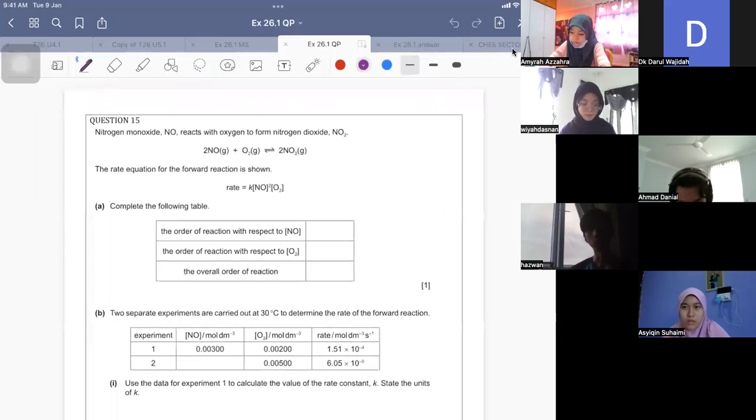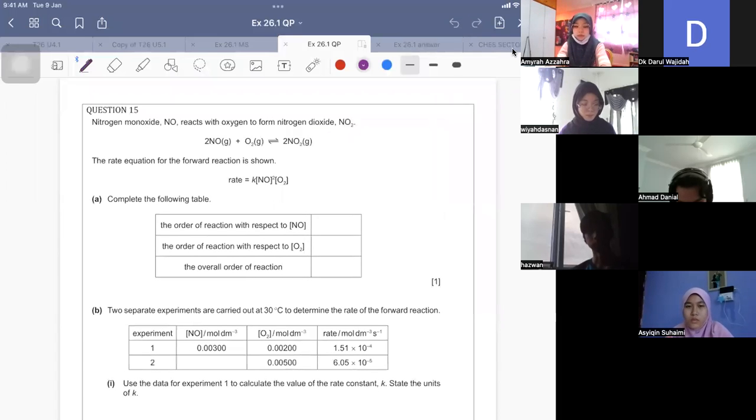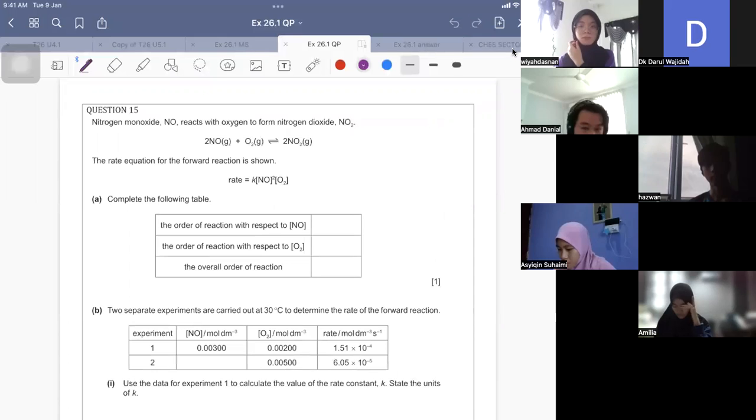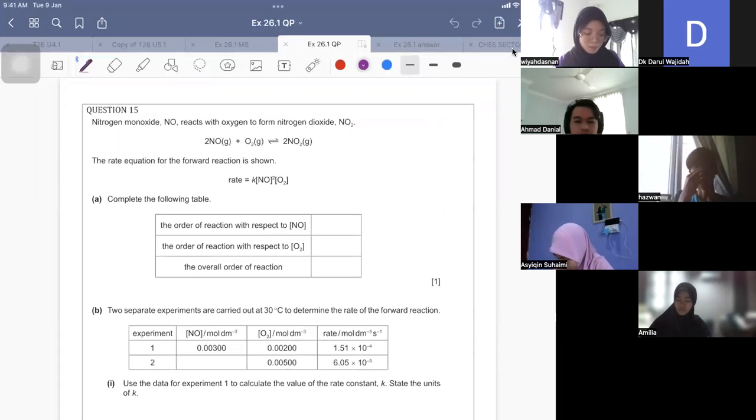Bismillahirrahmanirrahim. So looking at question 15, where the reaction is between nitrogen monoxide and oxygen. I think the first part is very straightforward. It wants us to complete the following table based on the order of reaction with respect to each species.